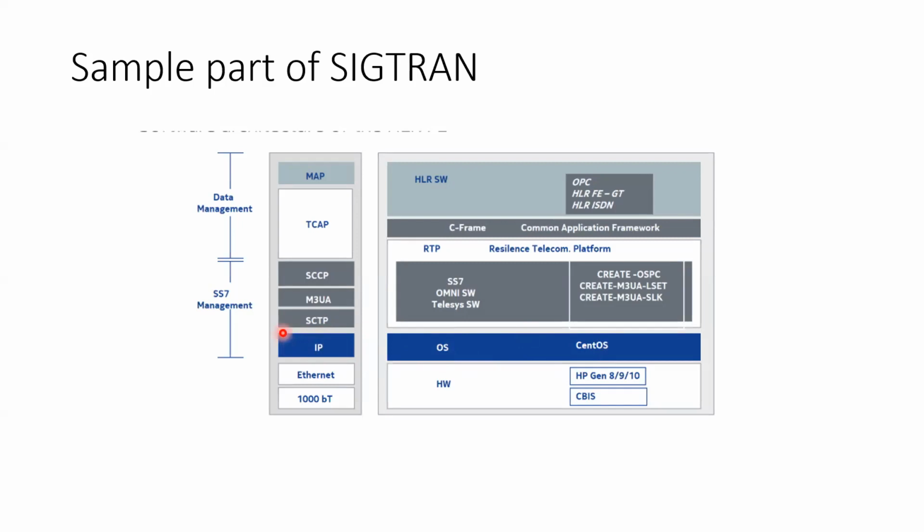Then on top of IP, there is the transport: SCTP, M3UA, which is replacing MTP3 for the user application. I think MTP was already explained by Ahmad just now. And then the SCCP layer. This transport layer, these three things, is usually handled by what we call RTP, Resilient Telecom Platform.